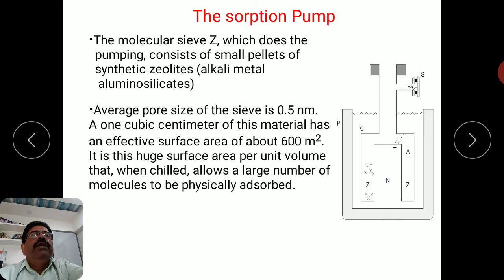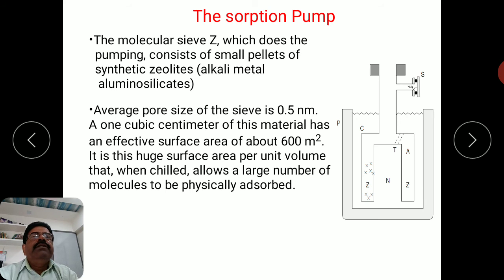The average size of this sieve is 0.5 nanometer, and if you imagine what surface area it has, for 1 cubic centimeter of this material the effective surface area is about 600 square meters. That is a huge surface area.